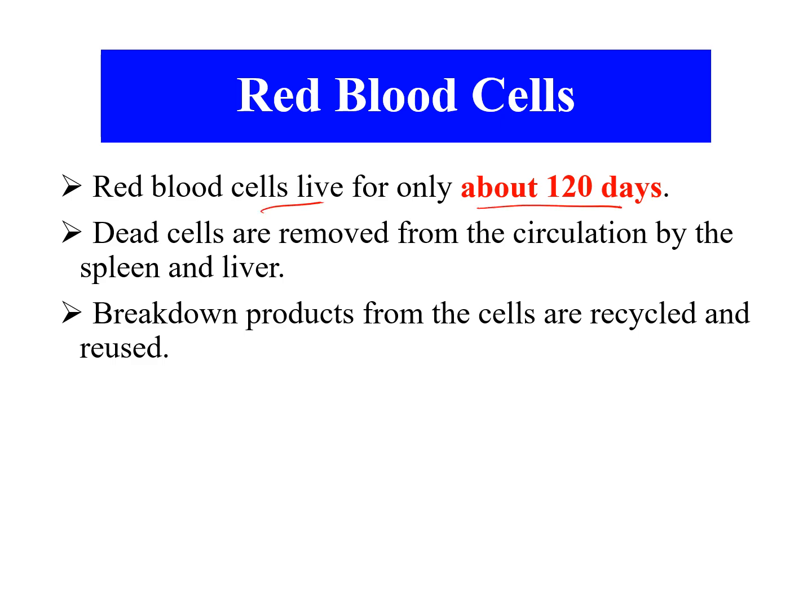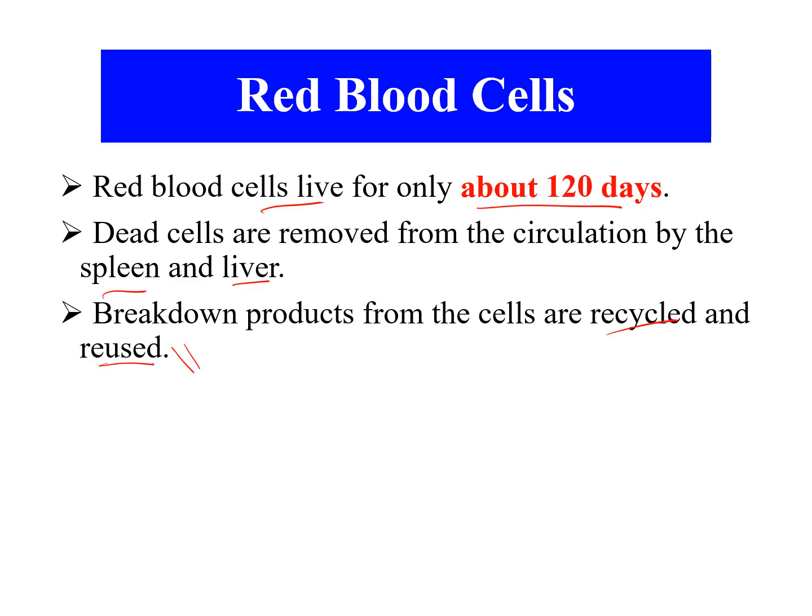After 120 days, those old red blood cells are going to be broken down and removed from the circulation by the spleen as well as the liver. Whatever remains from the degradation of red blood cells is going to be recycled and reused.